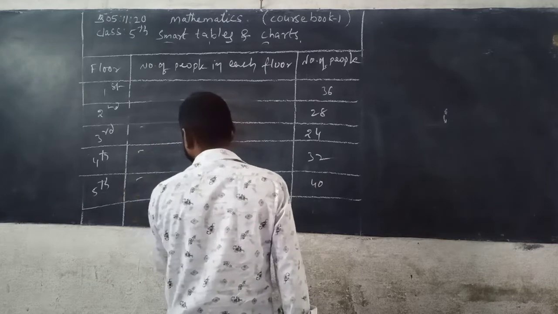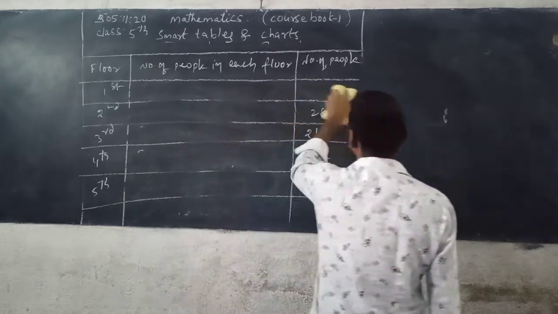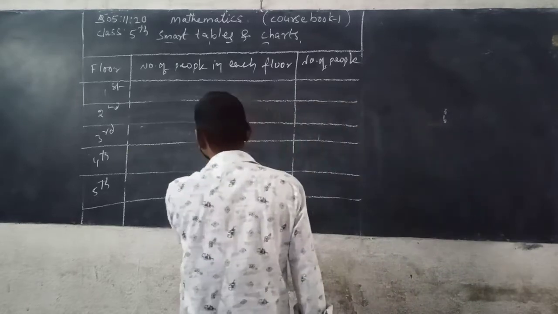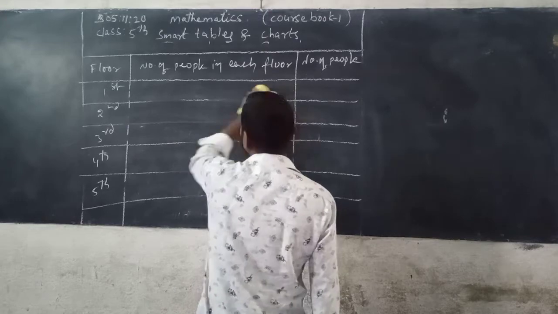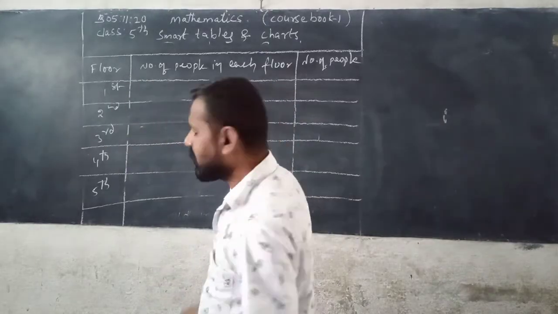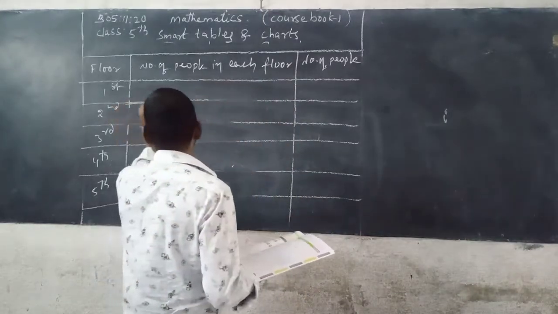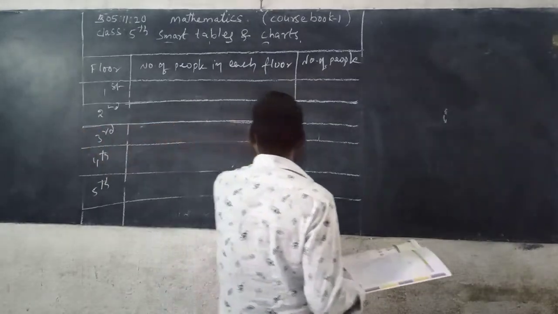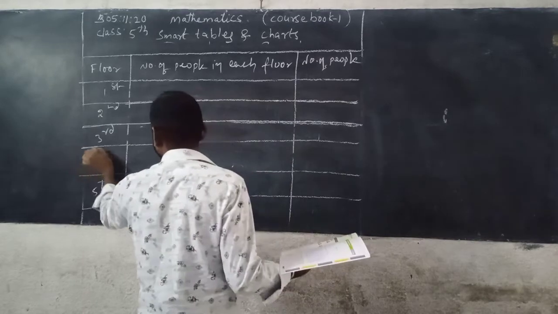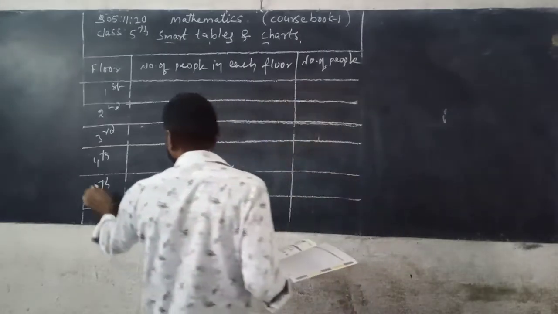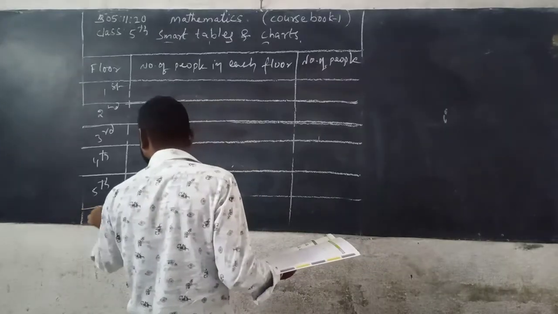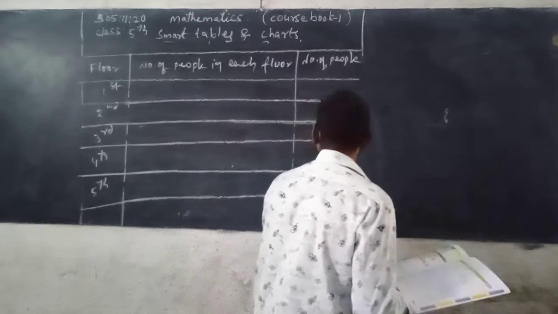In the first floor, how many persons are drawn, beta? First floor, 9 persons. So the pictograph is given, and you can find out the number of people living on each floor.